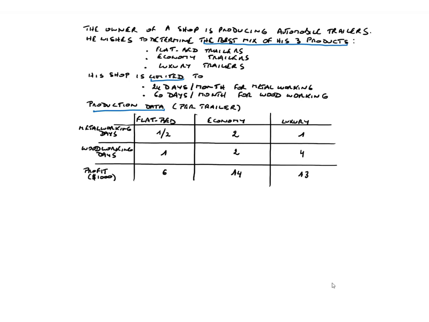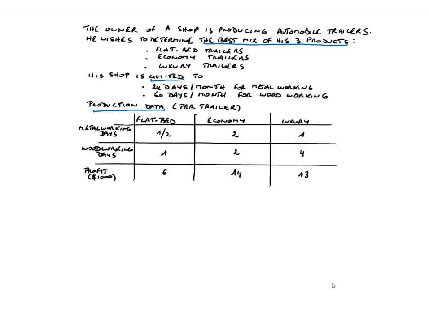Let us do another exercise. The question is as follows. The owner of a shop is producing automobile trailers. He produces flatbed trailers, economy trailers, luxury trailers, and he wants to find the best mix of his 3 products, knowing that his shop is limited to 24 days a month of metalworking and 60 days a month for woodworking.